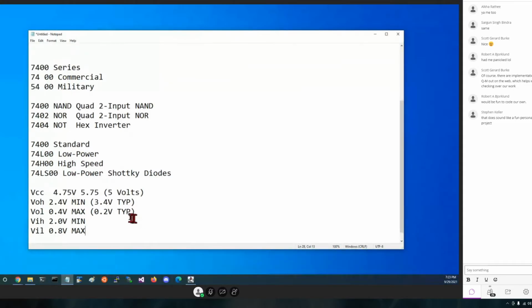And what I want you to notice is that our output satisfies this. Our output satisfies that. So we can plug safely our outputs into our inputs, and they'll always be recognized as either a 0 or a 1. That's a critical fact.